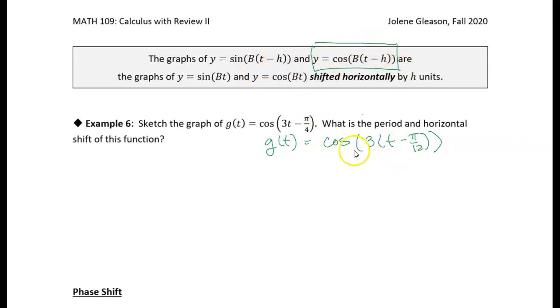Now b is 3, and this is h and this is b, so I can figure out the period by taking 2 pi over b, and I can read the h value right out of there.